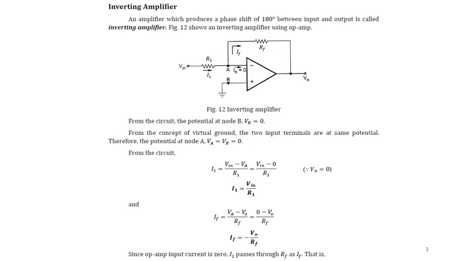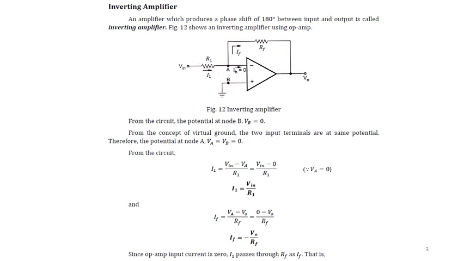The figure shows the inverting amplifier using an op-amp. Here the input voltage Vin is given to the inverting terminal of the op-amp, and the non-inverting terminal is connected to ground. The input is provided through a resistance R1, so it is called the input resistance, and the feedback is provided through a resistance RF, which is connected from the inverting terminal to the output.